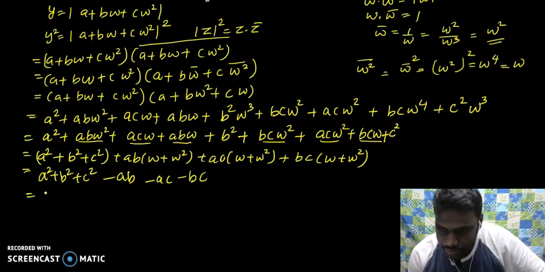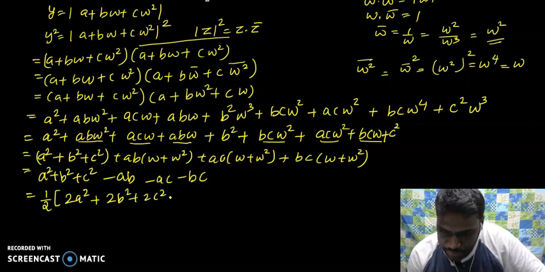Multiplying and dividing by 2, we can write this as 1 by 2 into 2a squared plus 2b squared plus 2c squared minus 2ab minus 2ac minus 2bc.